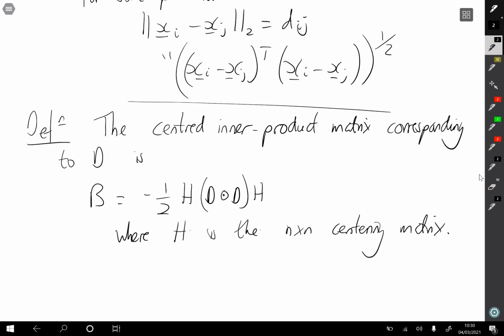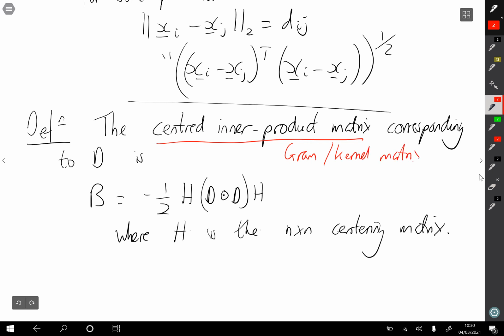So classical MDS doesn't work directly with the distance matrix. It instead works with something called the centered inner product matrix, which has various names in statistics and machine learning. It's sometimes called a Gram matrix, or a kernel matrix. But these names aren't going to make sense to us yet.